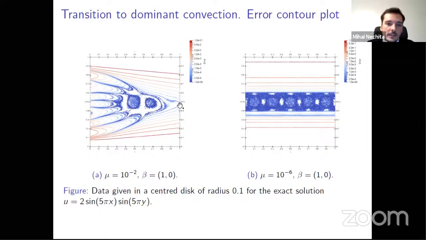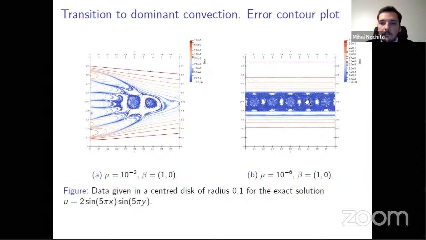So this is a sort of intermediate regime where convection is stronger, but it's not fully convection dominated. And now if we go to the fully convection dominated regime, we see that we can get very good errors on this strip downstream and upstream of the data region.